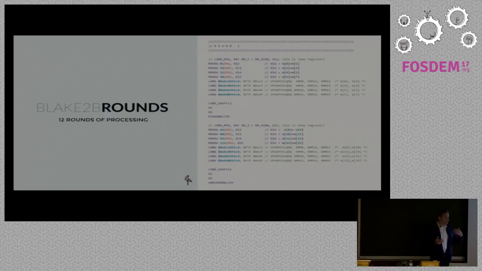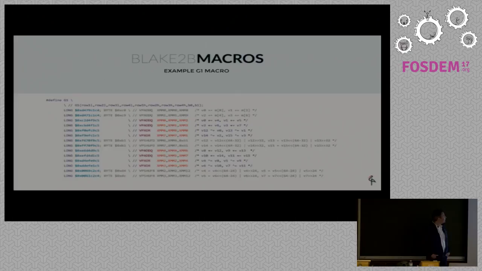Then there's a diagonalize macro, which rotates values between the different values that you are working on. And then there is a second half where you load more from the message, you shuffle it again, and you call the same macros again, and finally you undiagonalize, so you shift it back.